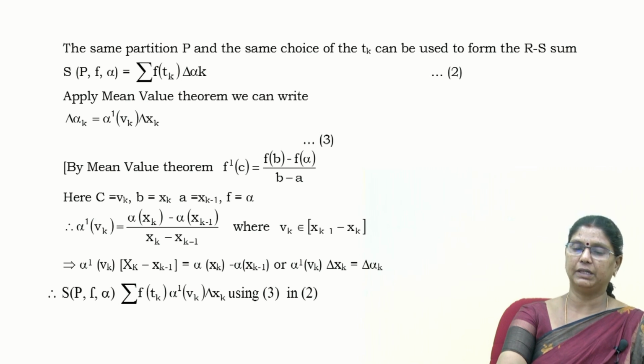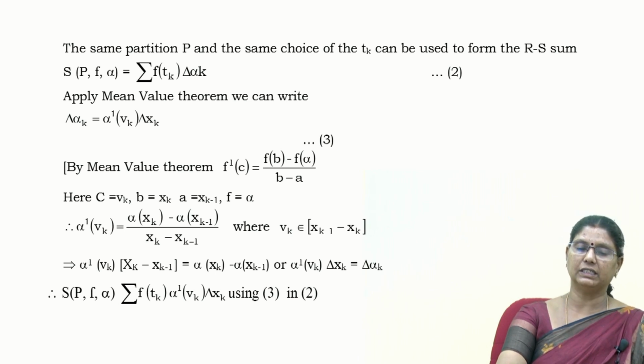Now we are applying the mean value theorem. We can write delta alpha k as alpha dash of vk into delta xk, since the mean value theorem states that f dash of c is f of b minus f of a divided by b minus a; here c is vk and b is xk and so on.